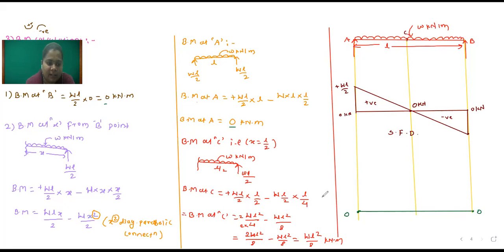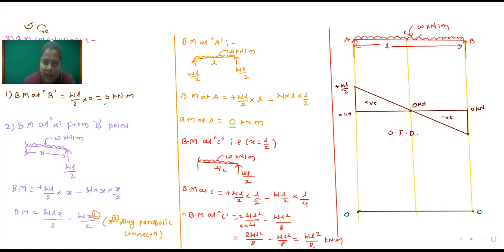Now you observe here, bending moment at X distance. We have calculated this for connection. So x raised to power 2. This 2 indicates our bending moment diagram is in parabolic nature. After that, bending moment at C is equal to WL square by 8.